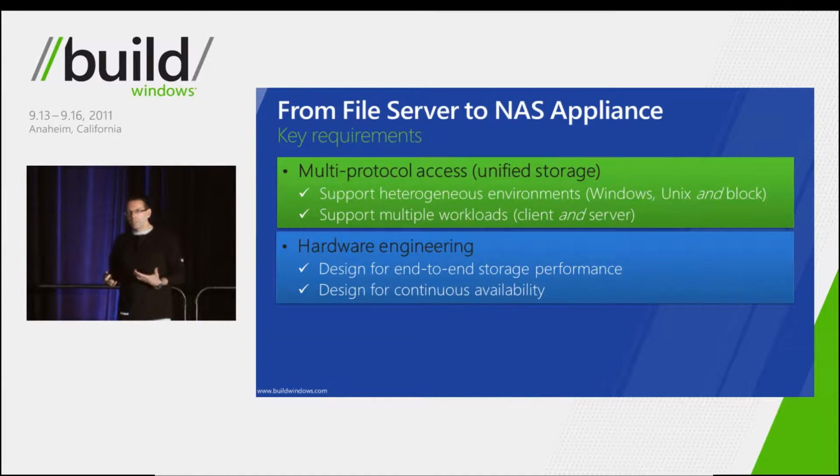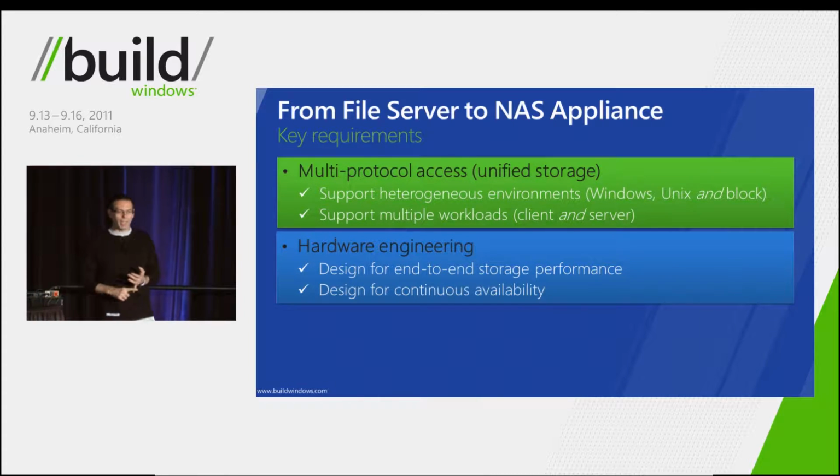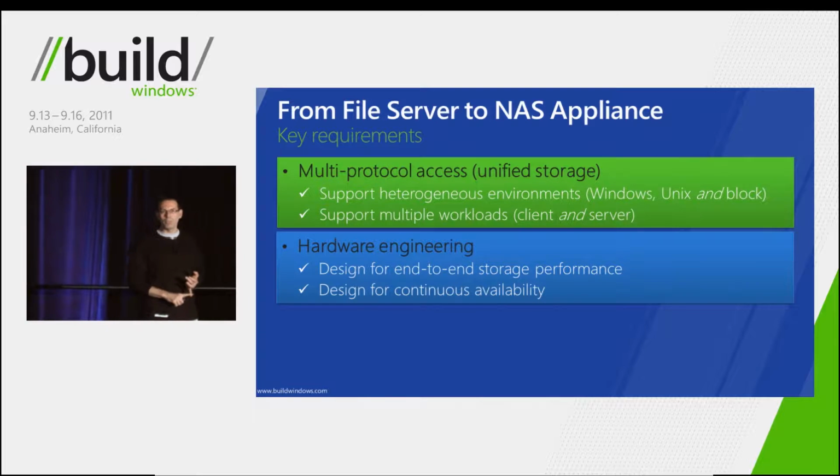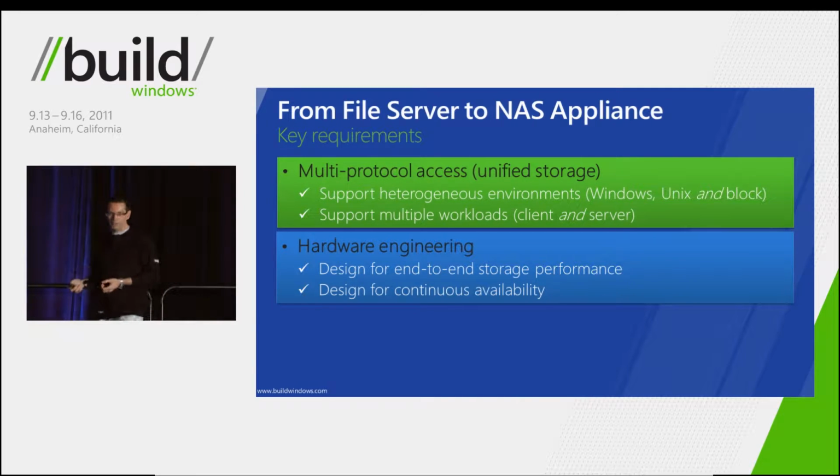The next thing, and I mentioned this earlier, is the hardware engineering. We're going to focus on two aspects of that. One is designing for end-to-end storage performance, and the other is designing for continuous availability. What does that actually mean?